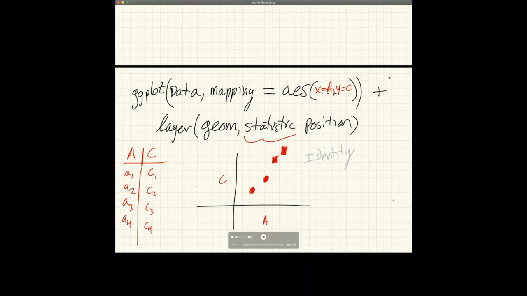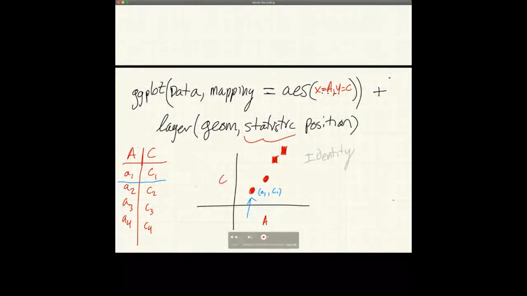So the location of this very first point is going to be at A1, C1. That is just the information contained in that row. So this statistic, for most purposes, is just going to be identity when you're using geom_point.